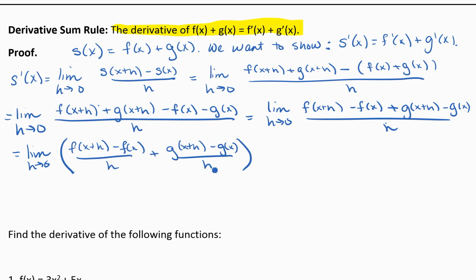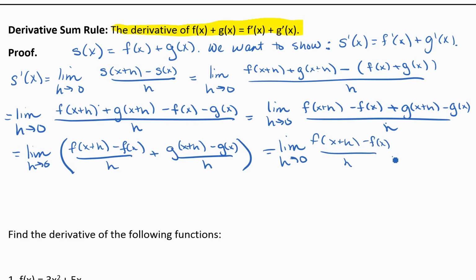And one of our limit rules was that if you were adding two things, you could write it as two limits. So we can write this as the limit as h goes to 0. It's kind of like distributing the limit, but not really. We're just saying we have two things that we're adding together. We can add their two limits. And hopefully by now you kind of see where this is going. We're now going to have two limits that are exactly the derivative of f.